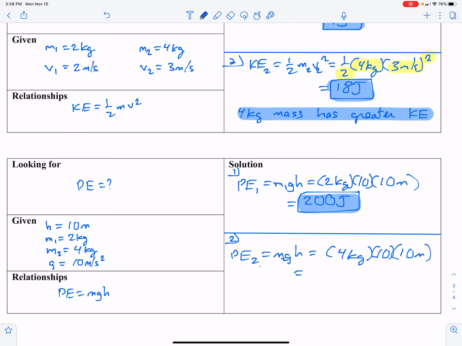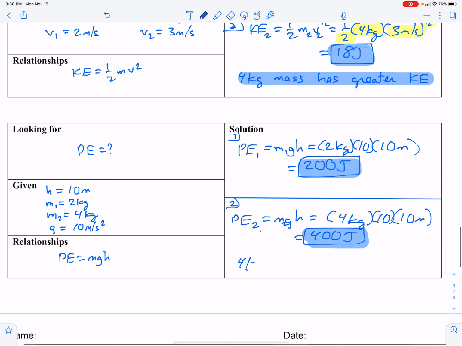And 4 times 10 is 40. 40 times 10 is 400 joules. And there we go. The 4 kilogram object has the greater potential energy.